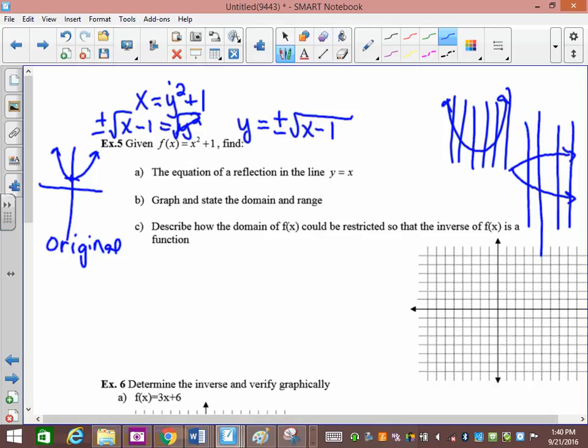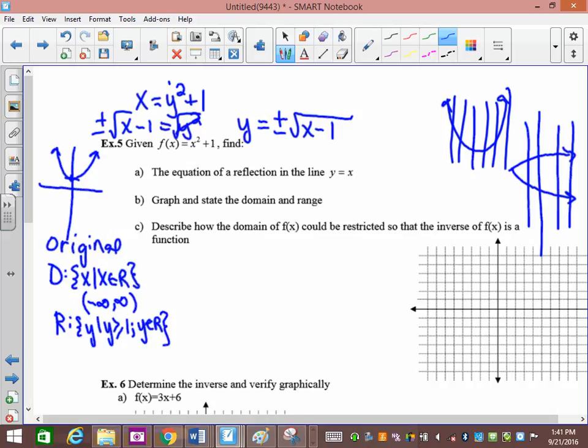You can draw it on the actual graph. The domain of the original is x is an element of the real numbers. If I did that in interval notation, that's negative infinity to plus infinity. The range is y such that y is greater than or equal to what? 1, y is an element of the reals. Yeah? That's the original.